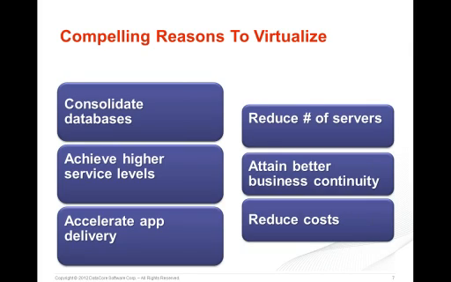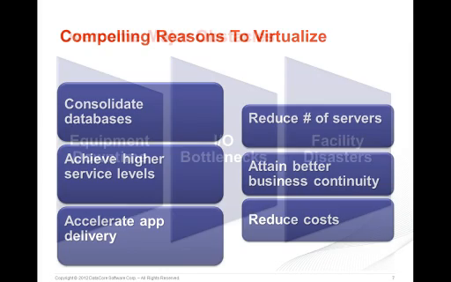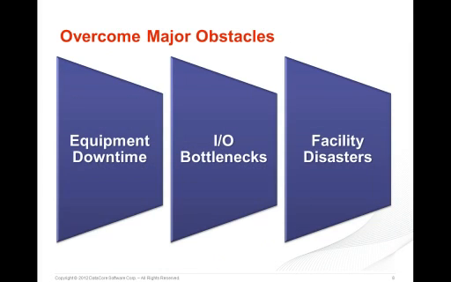Let's accelerate app delivery. When we virtualize the servers, we've reduced the number of servers. We've attained better business continuity, and we've reduced costs. We want to be able to bring all of those to the storage. And we need to overcome major obstacles of equipment downtime, of I/O bottlenecks, and facility disasters.